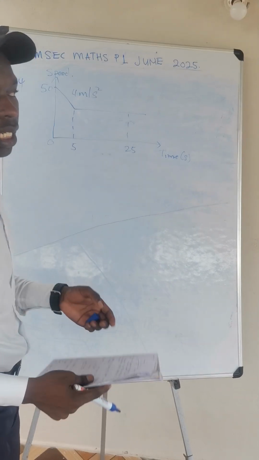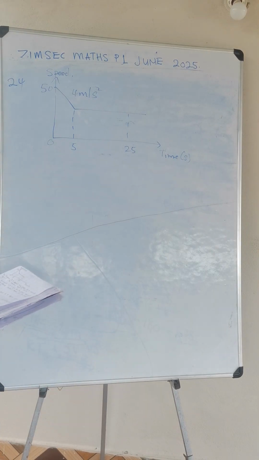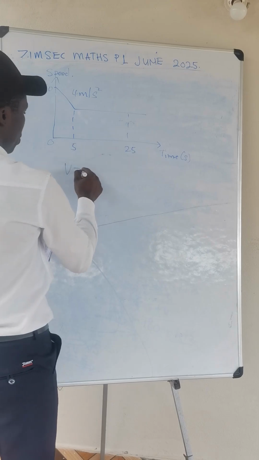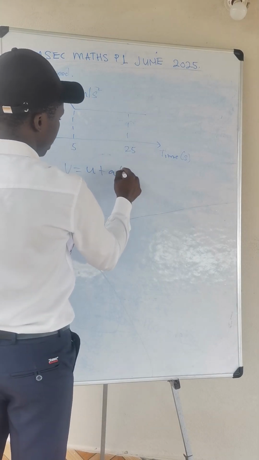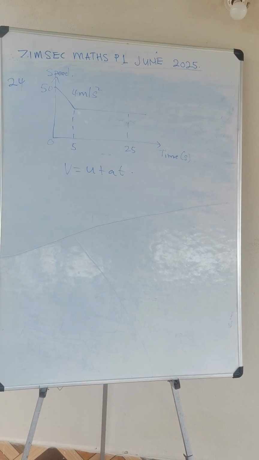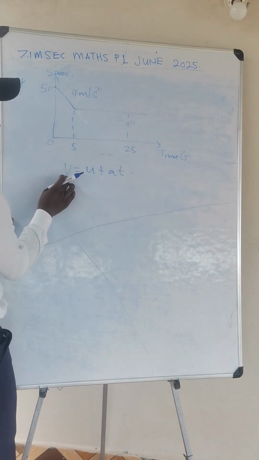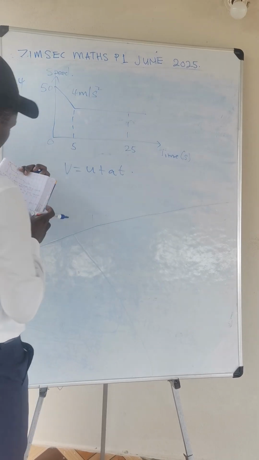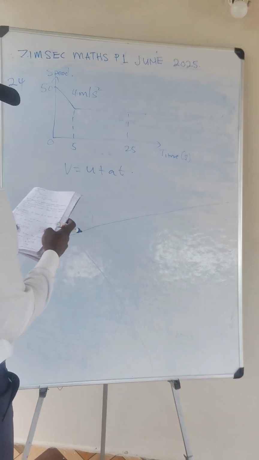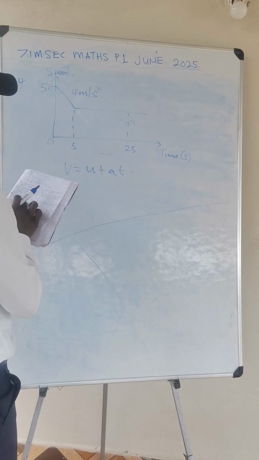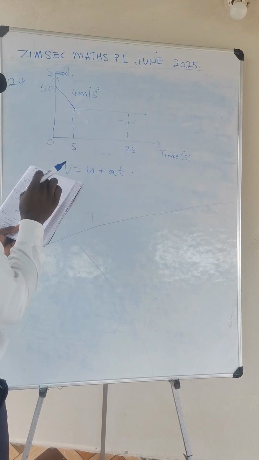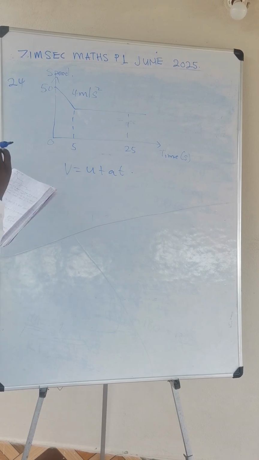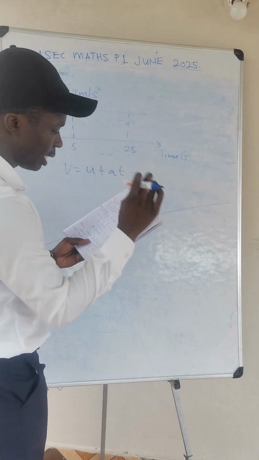So we just use the equation of motion, V equals U plus at. V is the final velocity, U the initial velocity, a the acceleration, and t the time. Our question says calculate the speed of the object when the time is 10 seconds, so we want to find the final velocity.